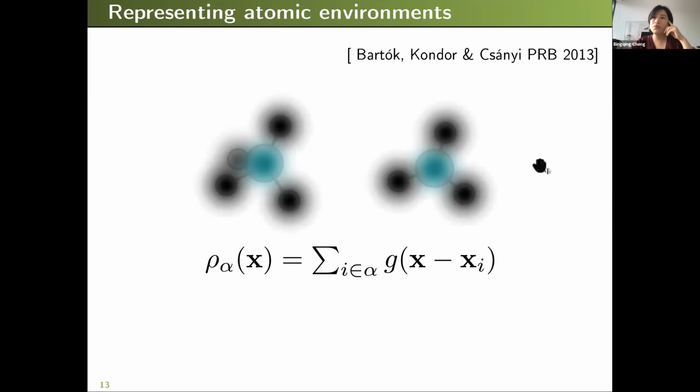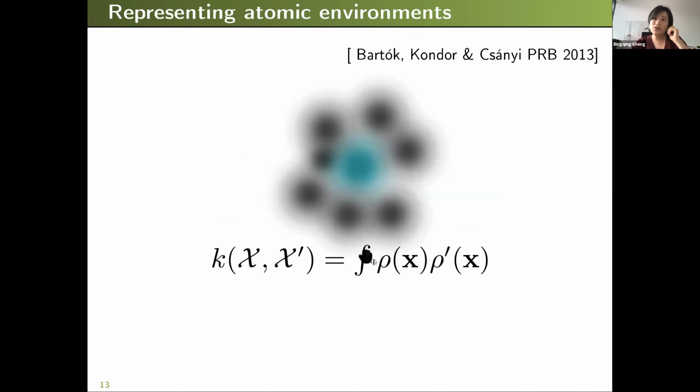So to conserve permutation as well as rotation and translation invariance, the SOAP formula basically puts a Gaussian distribution on the center of each atom. So right now we have already translated this displacement vector representation into a density representation. And as you can see, this has already removed the permutational variance.